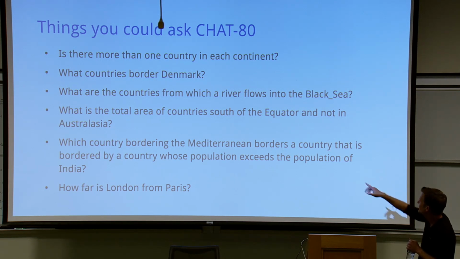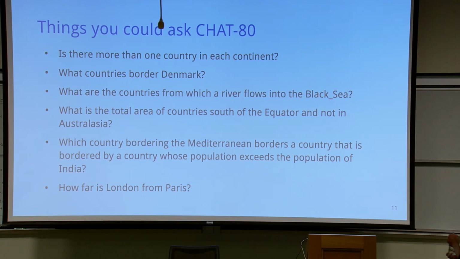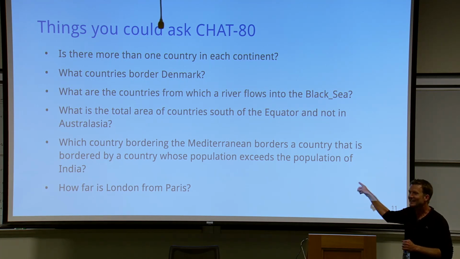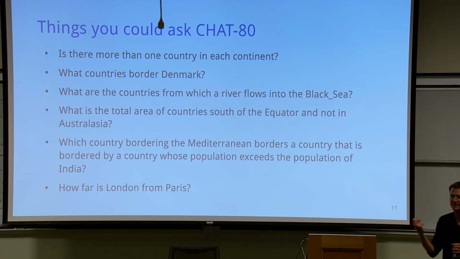I'll skip the next two, but this one is really impressive. Which country bordering the Mediterranean borders a country that is bordered by a country whose population exceeds the population of India? Chat80 knows how to get this question right, even though it's incredibly syntactically complex. Can anybody get this one?